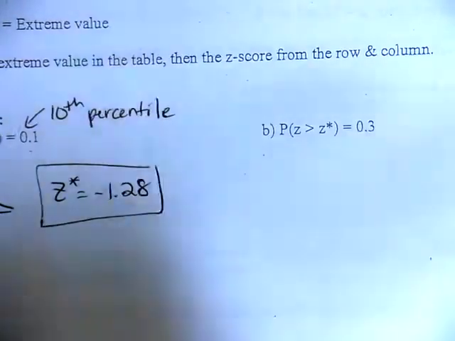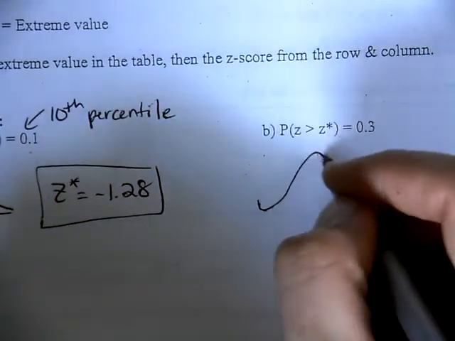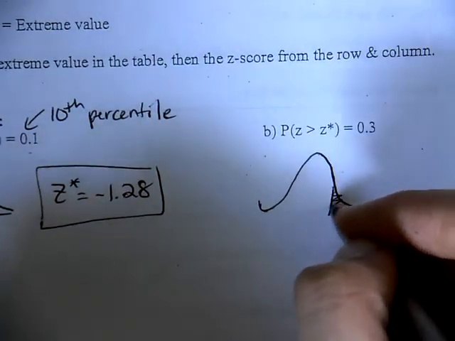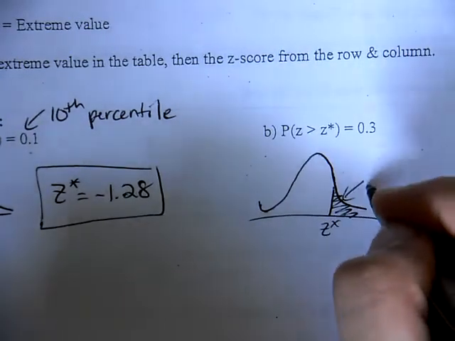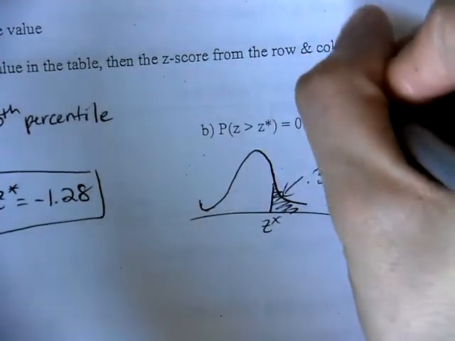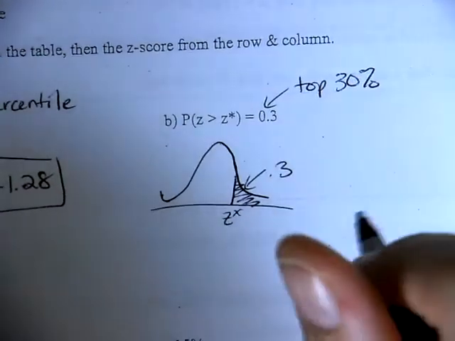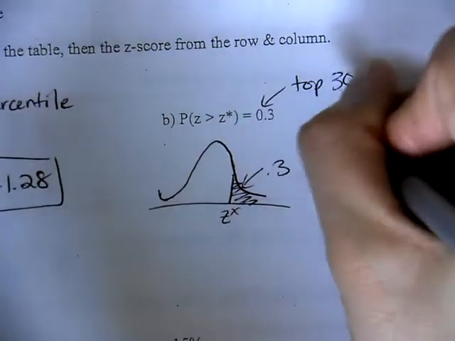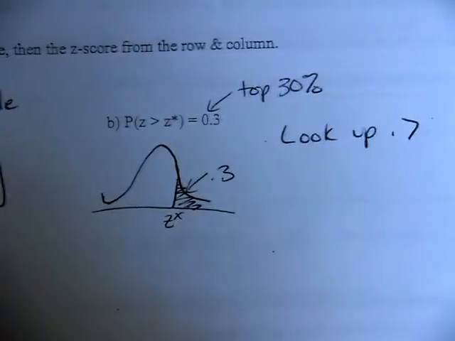So what's the probability? Now here, be careful, this is z is greater than. So I'm actually looking at the top 30 percent. Because the table gives less than, I'm going to look up 0.7.